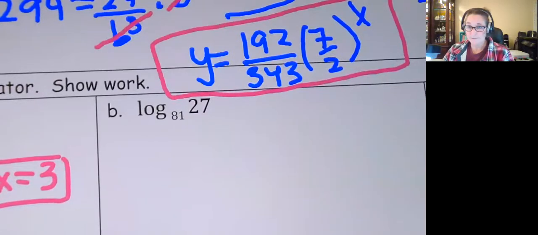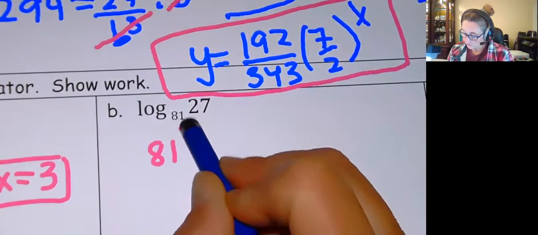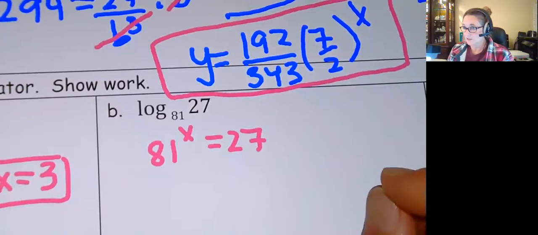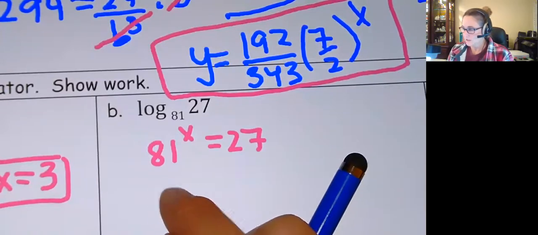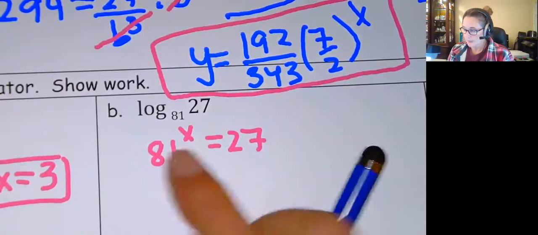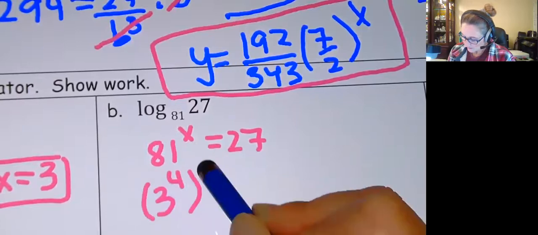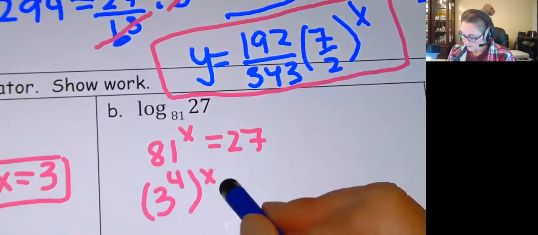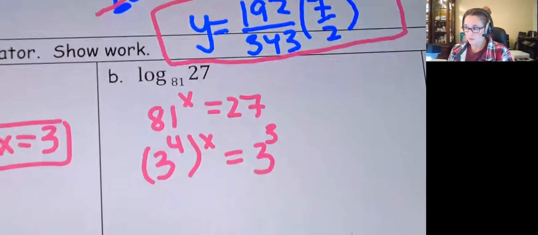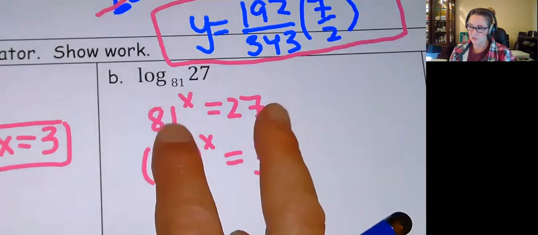On B, I am going to take 81 to some power and get 27. In this case, I'm going to figure out a same base for both of these. 81 is 3 to the 4th, being raised to the power x, and 27 is 3 to the 3rd. It is important that you understand that when you see an 81 and a 27, these are powers of 3.